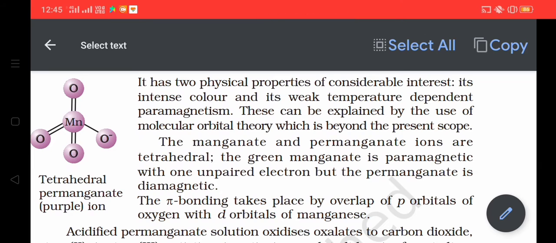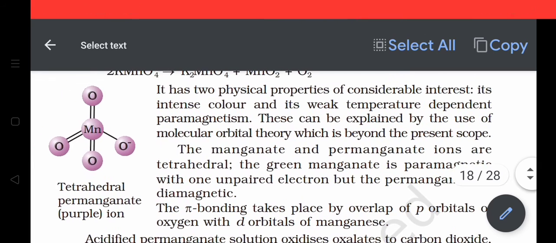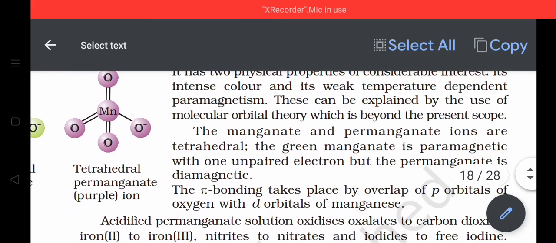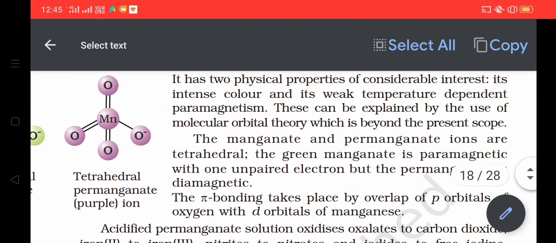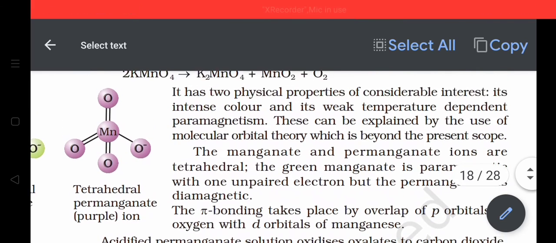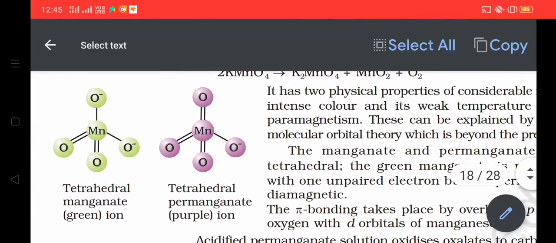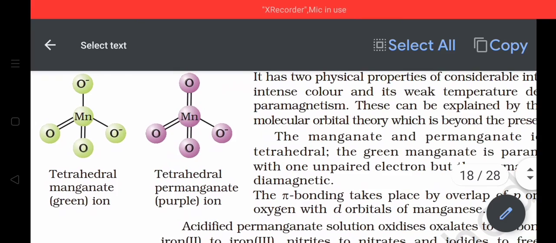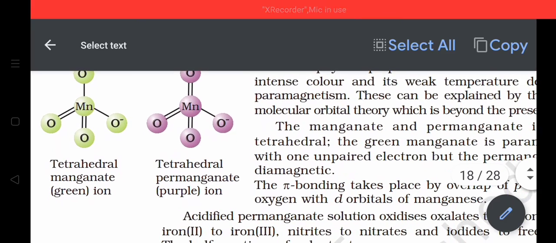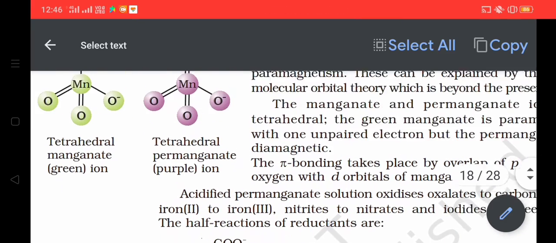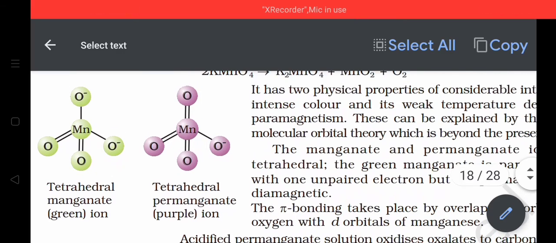It is paramagnetic in nature, and you can see the structure also. Its structure is tetrahedral, manganese in the center and 4 oxygen arranged at the corners of a regular tetrahedron, and these are colored due to charge transfer.